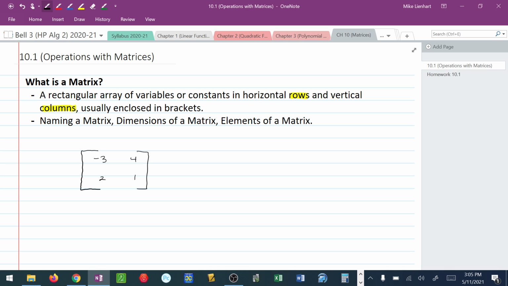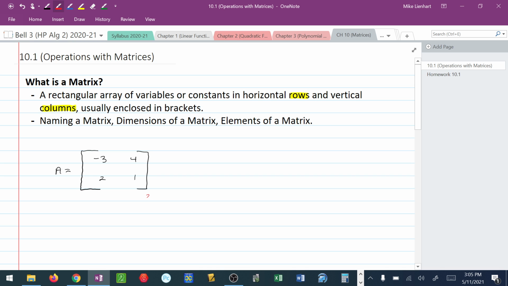Now, each matrix is usually represented by a letter. So maybe I will call this matrix A. Now, matrix A has dimensions. If I count the number of horizontal rows, I have 1, 2, the top row and the bottom row.